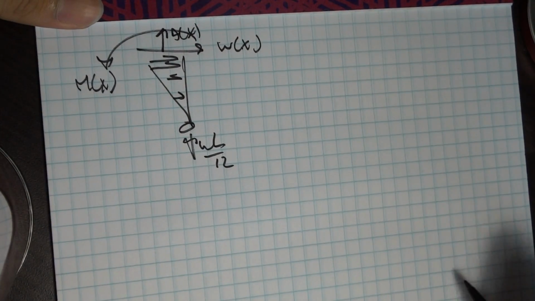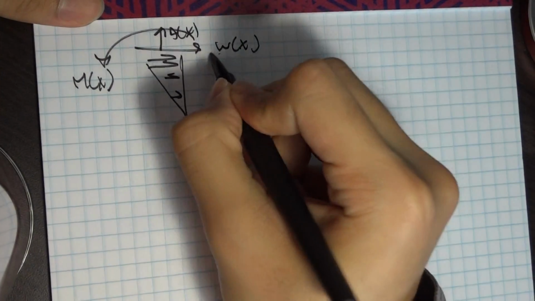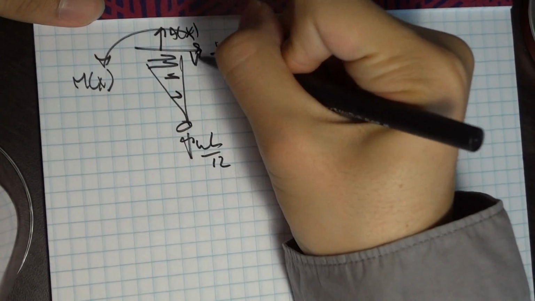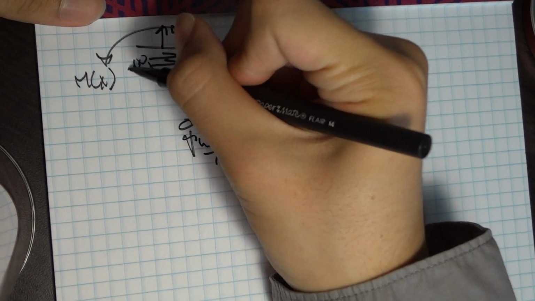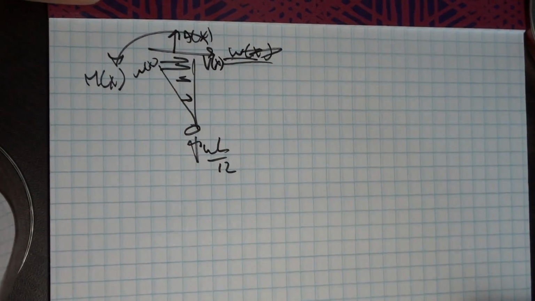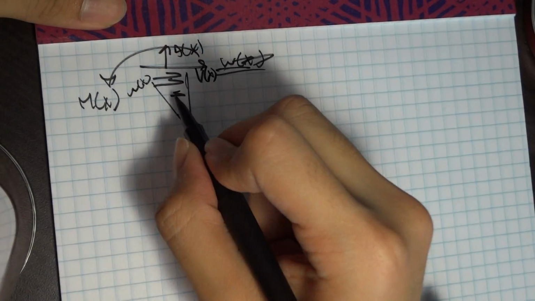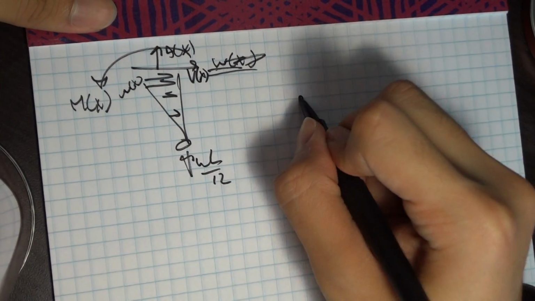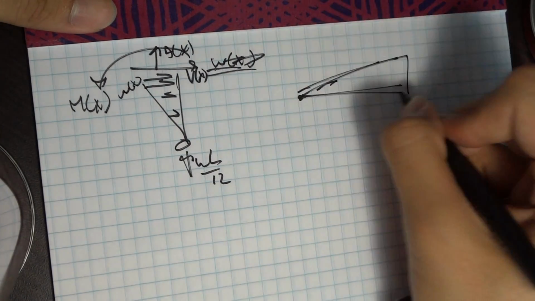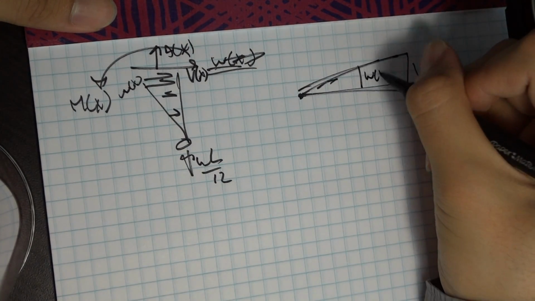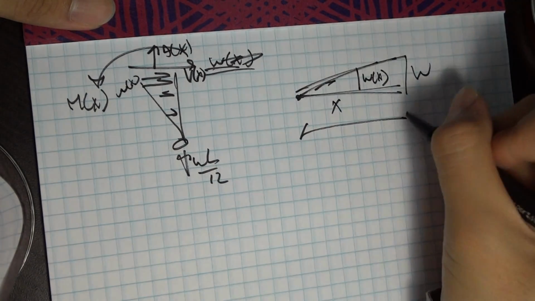It's fairly rare. Sorry, this is V of x. The height of the distributed load at some point on here is W of x. We want to find an equation for the height of that triangle, like we did in the last video. If you have trouble working with triangles, please see the last video, but I'll outline this briefly here.